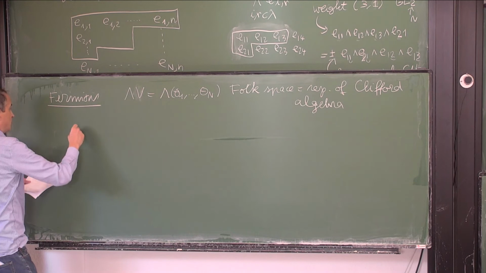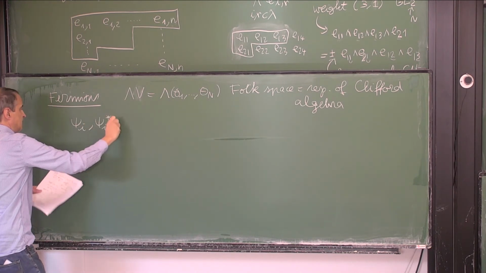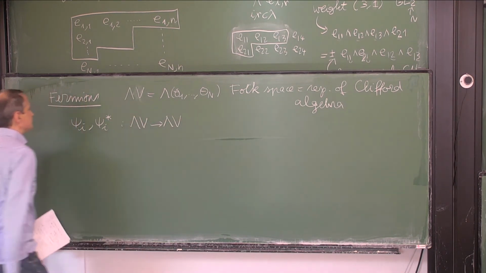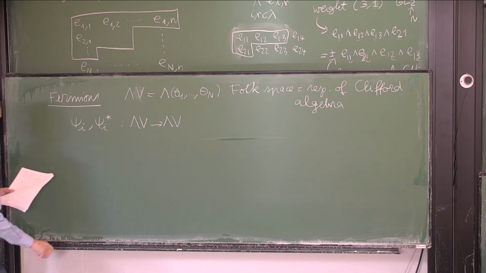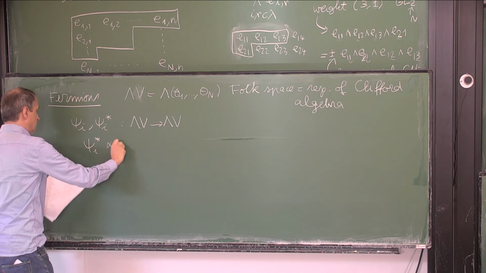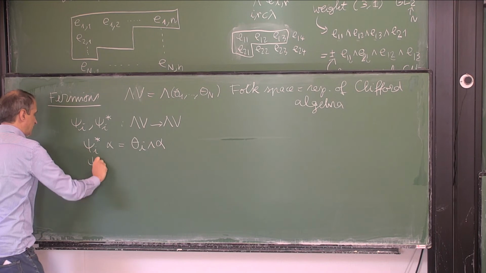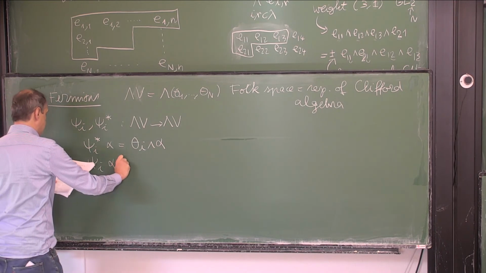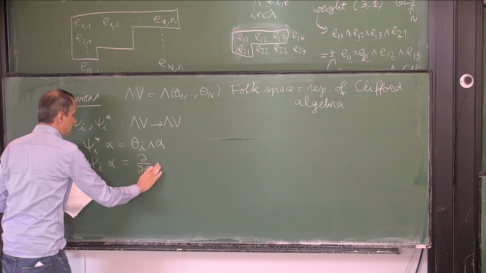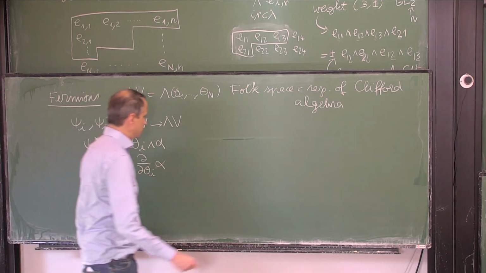So let's define some operators, psi_i and psi_i star, on this Fock space. Psi_i star of alpha is theta_i wedge alpha, and psi_i of alpha is a contraction, is d over d theta_i of alpha, and this is a graded derivation.